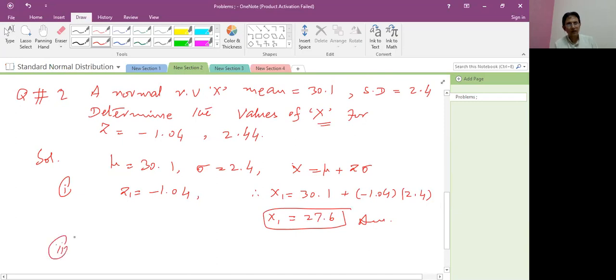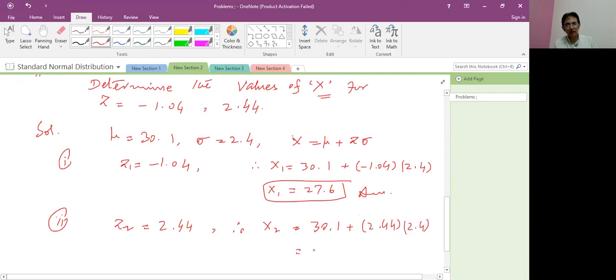Now similarly, we determine the value of x when z is equal to 2.44. So therefore, x2 is equal to, again we are applying this formula, student, mu, 30.1, plus z, 2.44, times sigma, 2.4.